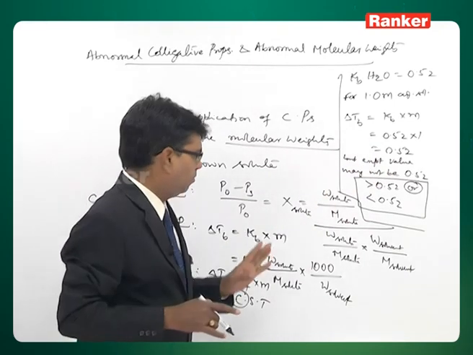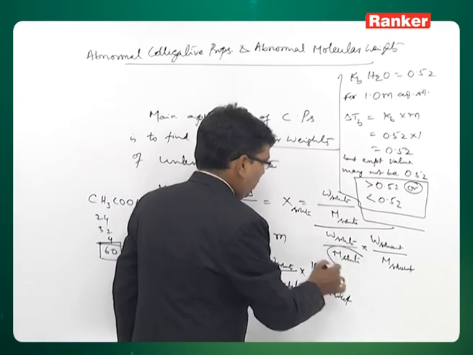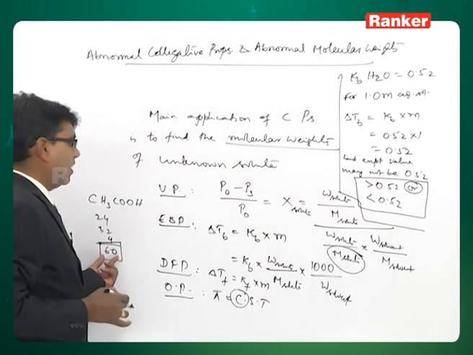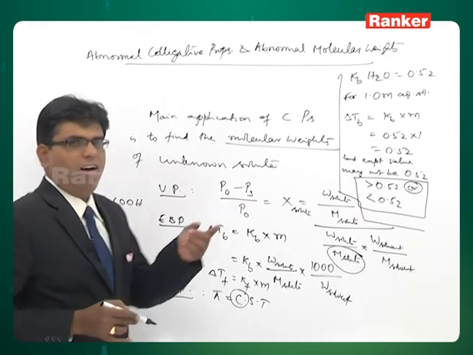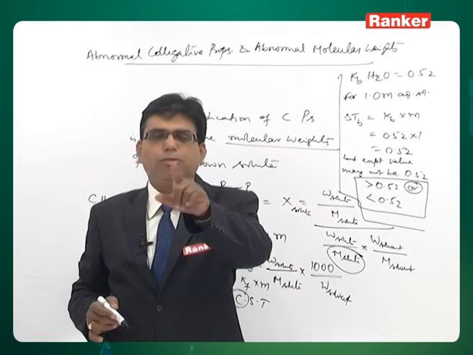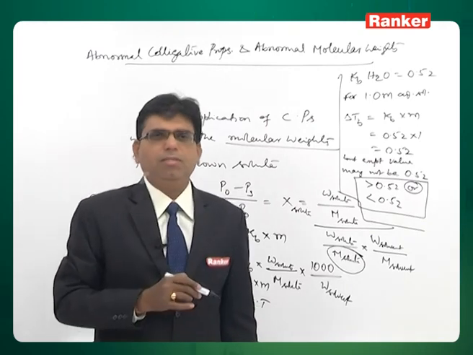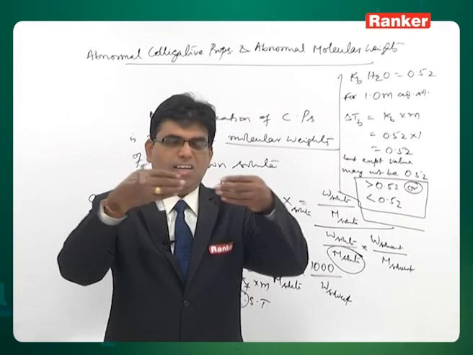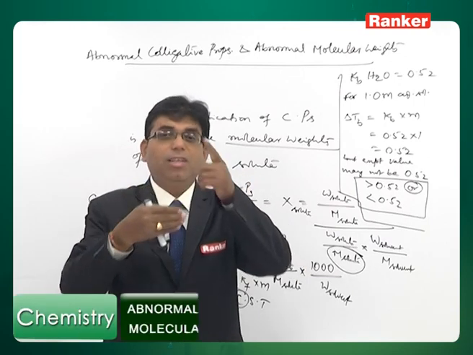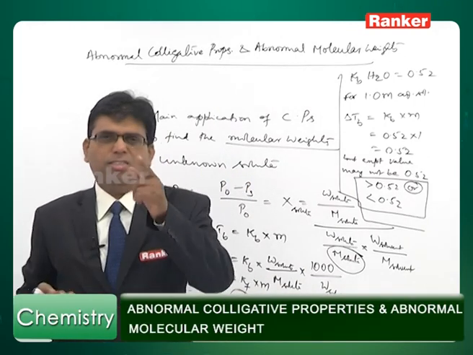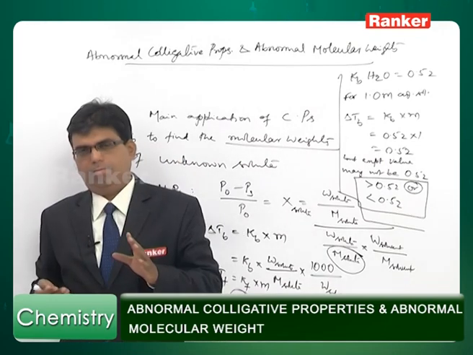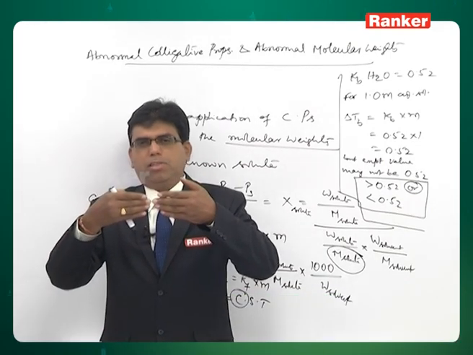The reason being that the molecular weight of solute, which you are taking as 60, will not remain 60 in solution. Why? What happens is that acetic acid undergoes dimerization in benzene. So, as a result, a dimer will form. What is a dimer?